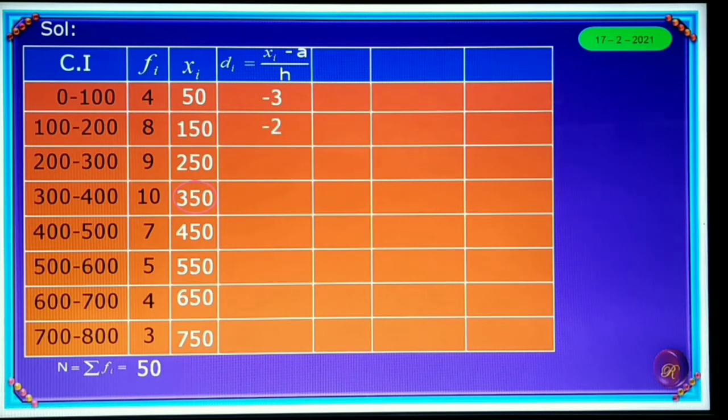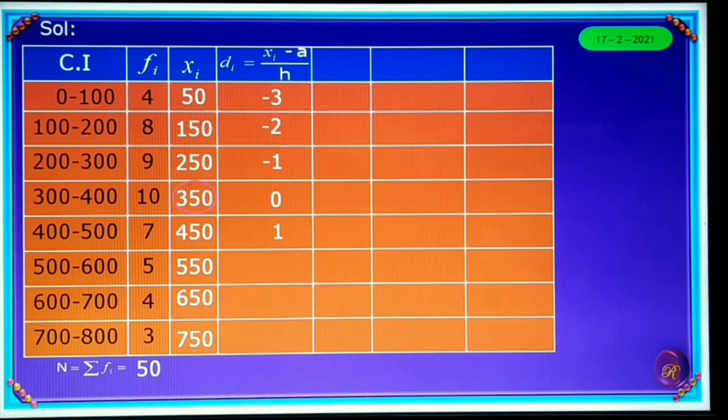Similarly, we will get minus 1, 0, 1, 2, 3, 4.